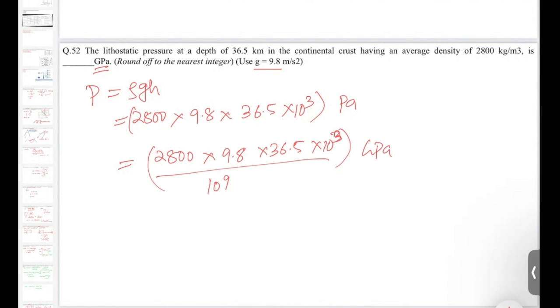So can you tell me what value is coming? 1.00. Is it asked to write in decimals? You can write it as an integer. So you can write it as nearly equal to 1 gigapascal.